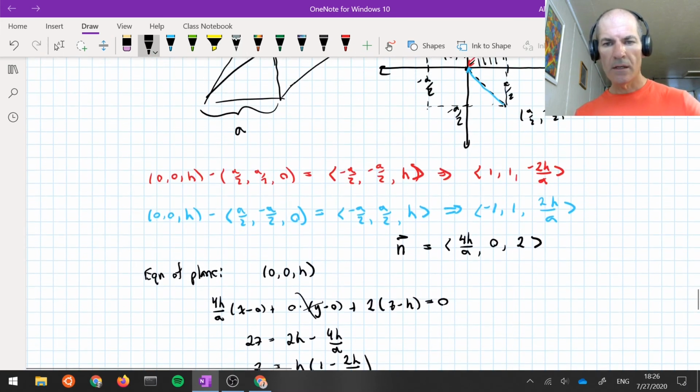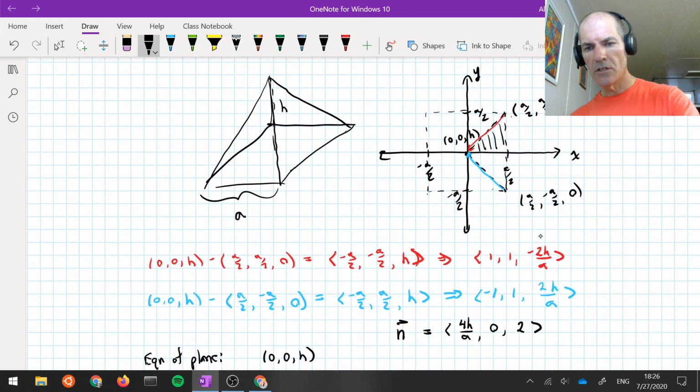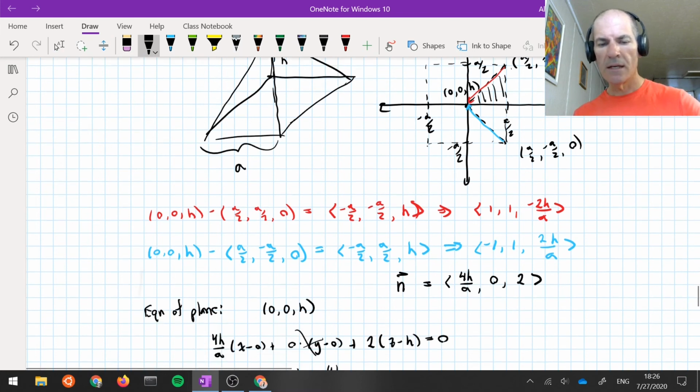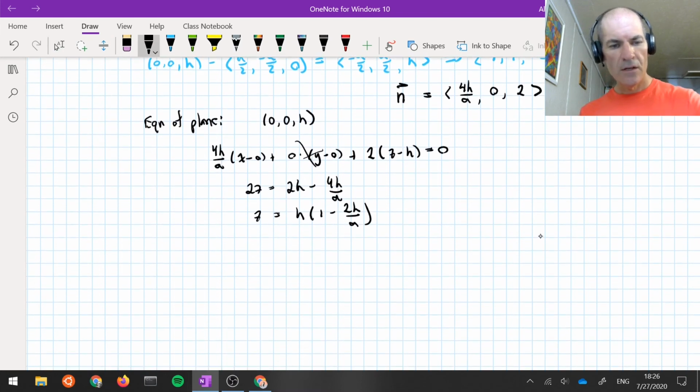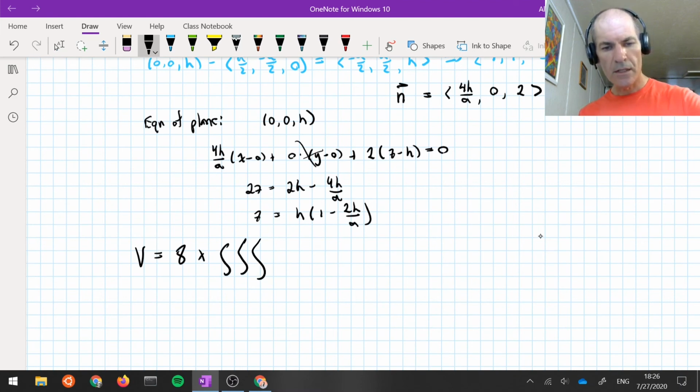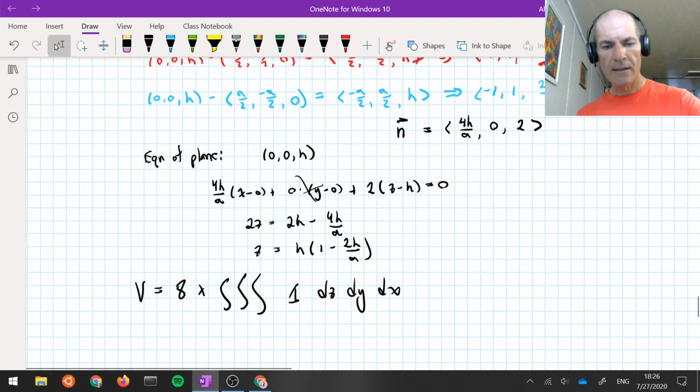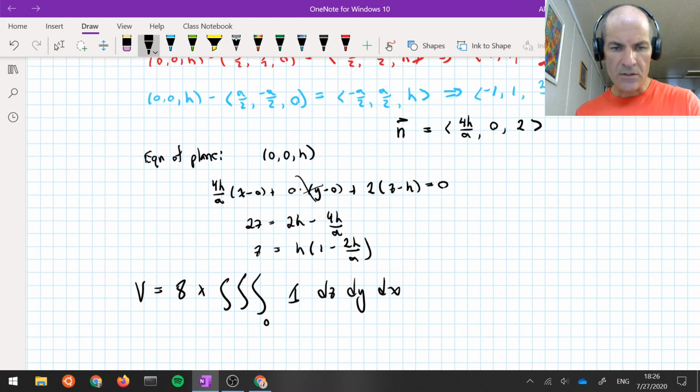Now we're going to integrate over this little region and multiply by 8 just like we did in the previous problem, and we're going to use the same order of integration, dz, dy, dx. So the volume is going to be 8 times the triple integral of 1 dz, dy, dx. Z is going from the xy plane, z equals 0, up to the equation of this plane. I've dropped an x somewhere, haven't I?